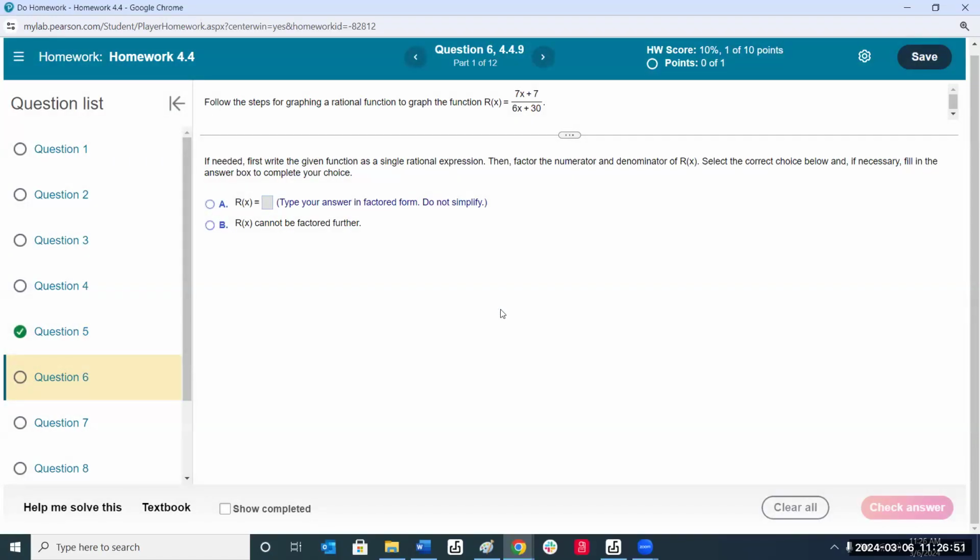Yeah, this is another 12 point. There were several of them on this one. Well, let's do this one because the first one they gave us was already factored out. So this is question number 6, R of x equals 7x plus 7 over 6x plus 30.